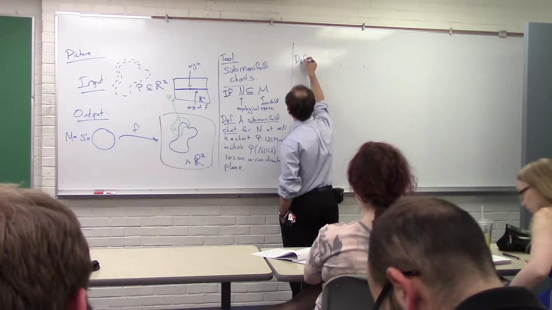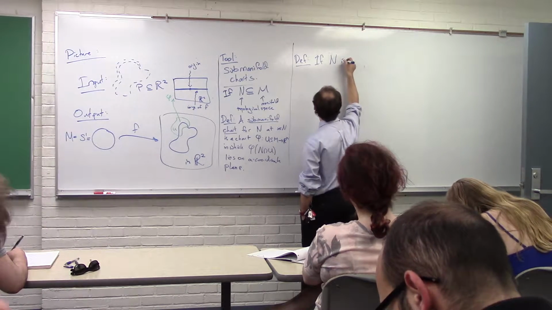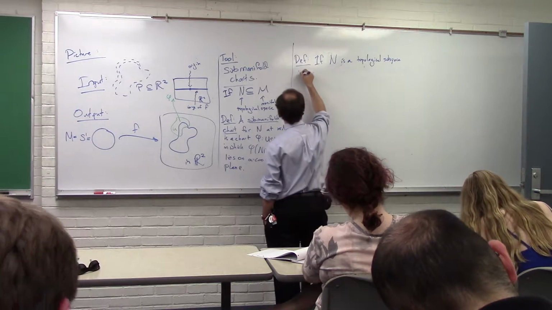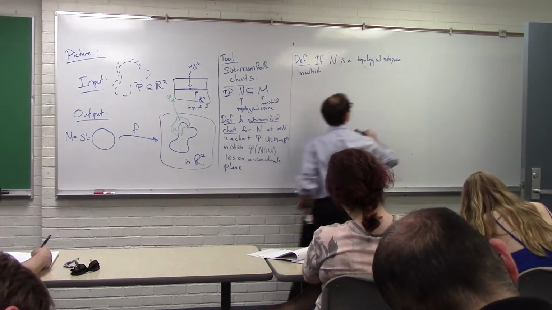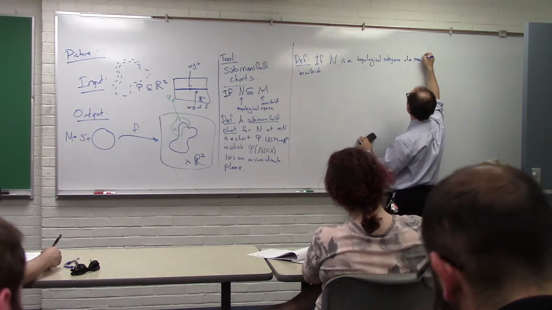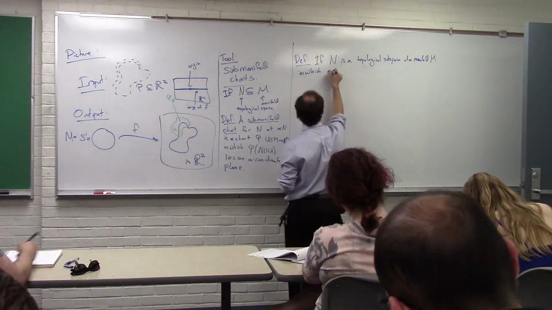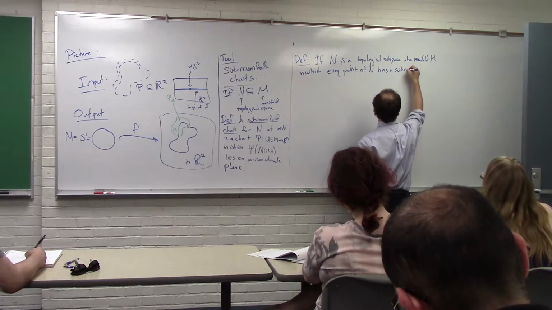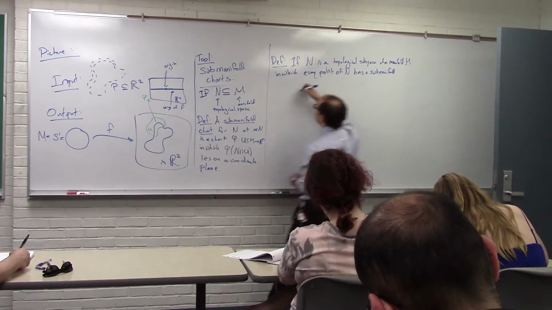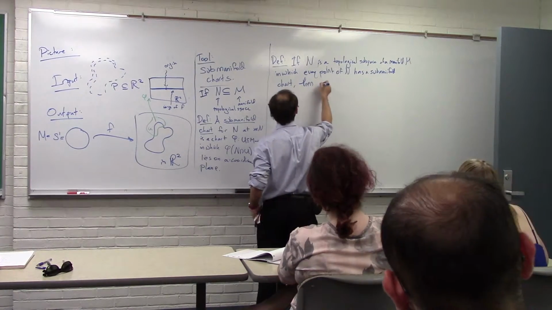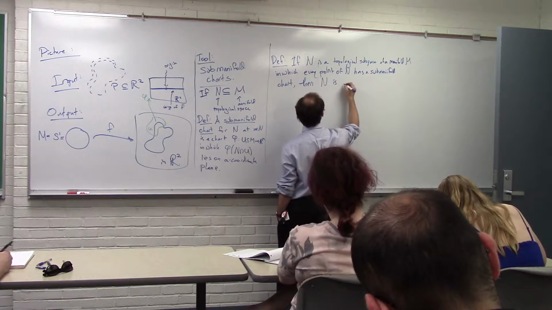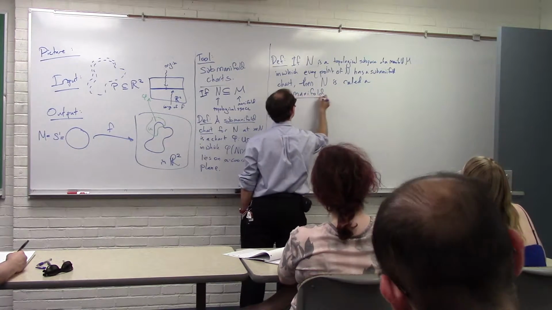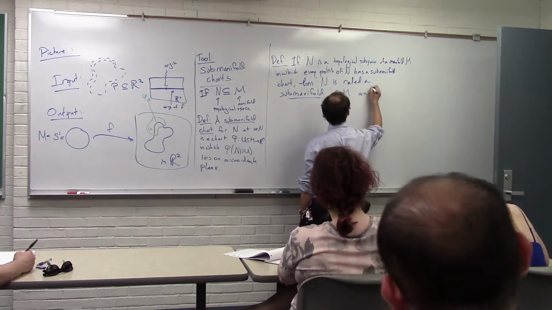So, definition. If N is a topological subspace of a manifold, and in which every point of N has a submanifold chart, then N is called a submanifold of M. And that's a definition.